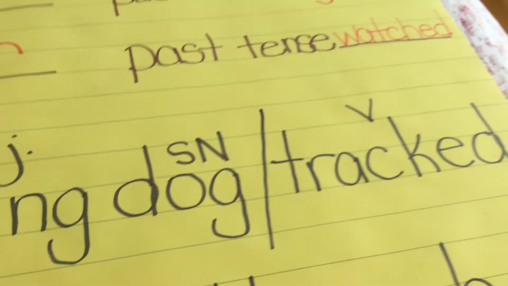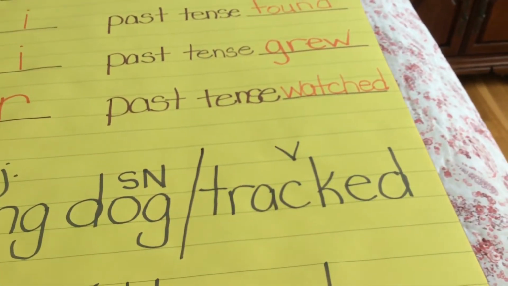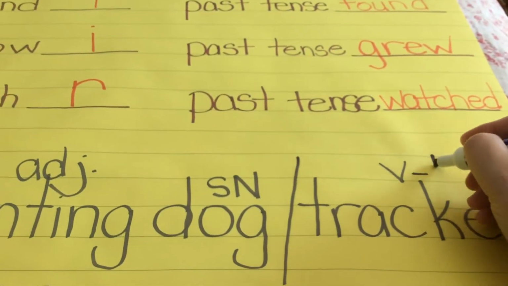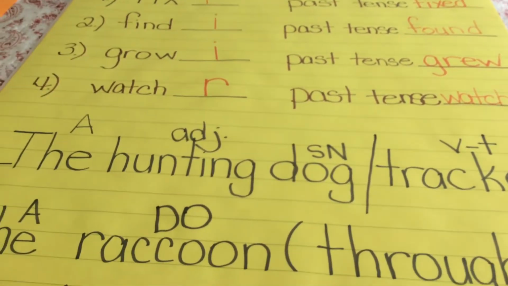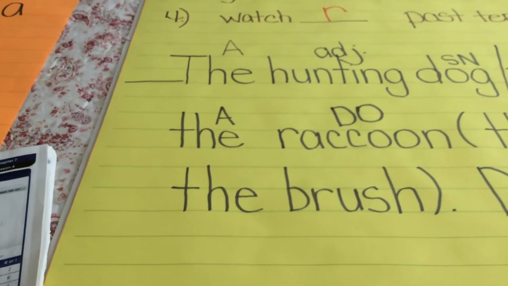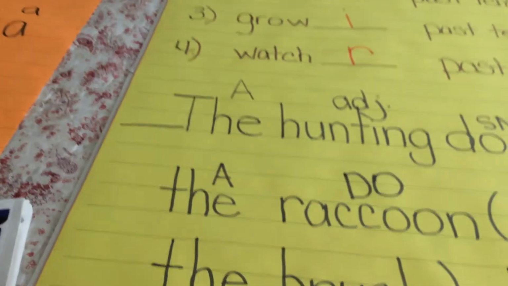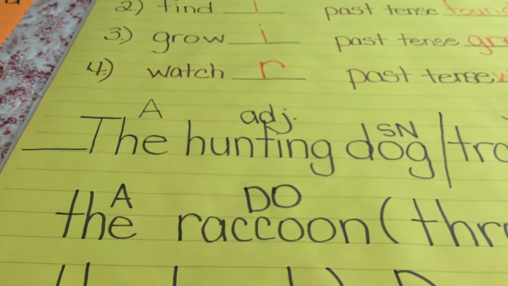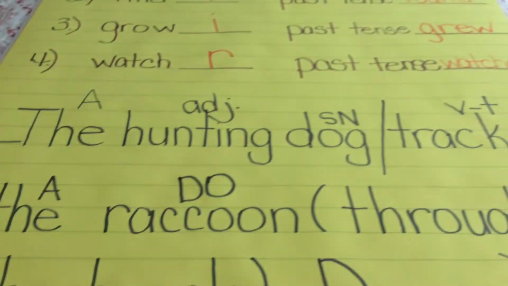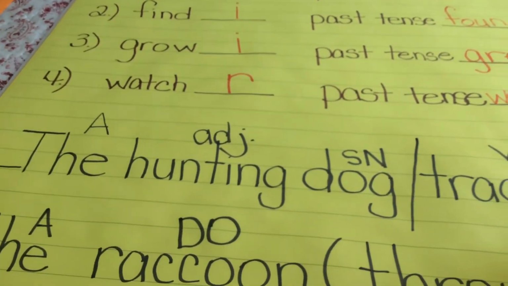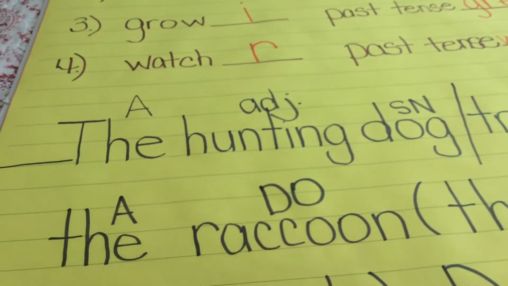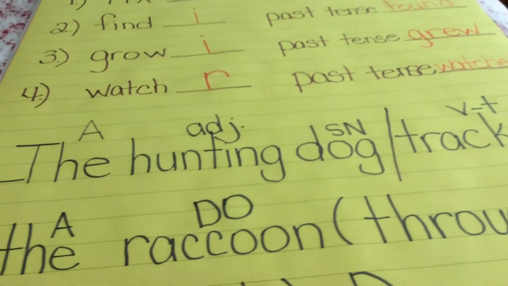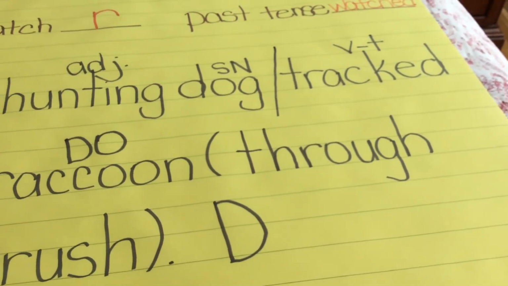So what do we need to then do with tracked? Well, it becomes the transitive. Okay, it's tying it right back to that direct object. Okay, so we've got the article adjective. Hunting is an adjective describing dog. Tracked, verb transitive. The article adjective. Raccoon, direct object. Boom. What is through?